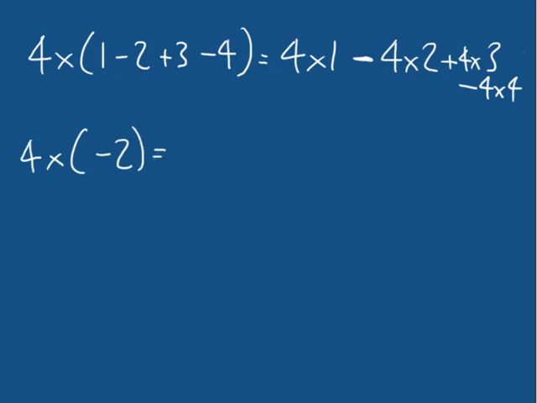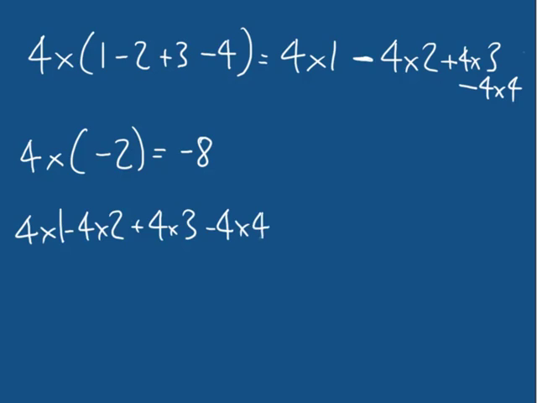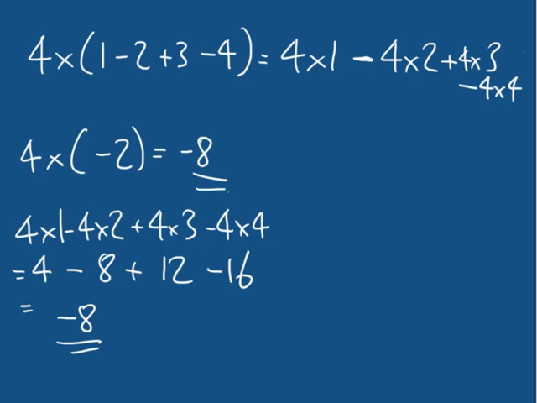So that is equal to 4 times minus 2 is minus 8. 4 times 1 minus 4 times 2 plus 4 times 3 minus 4 times 4 is the same as 4 times 1, which is 4, minus 4 times 2 is 8, plus 4 times 3 is 12, minus 4 times 4 is 16. 4 minus 8 is minus 4, plus 12 is 8, minus 16 is minus 8. So we can see that indeed they are the same.